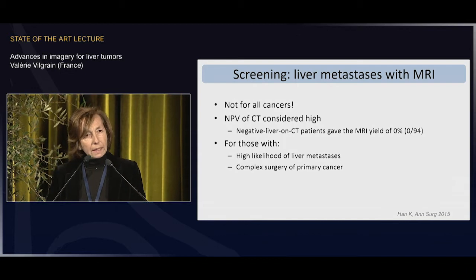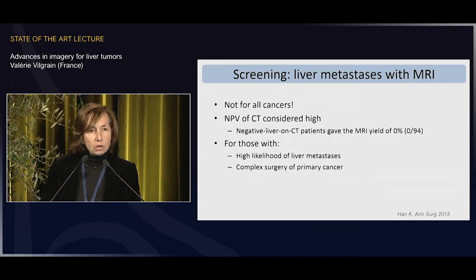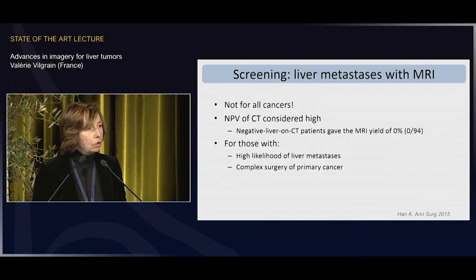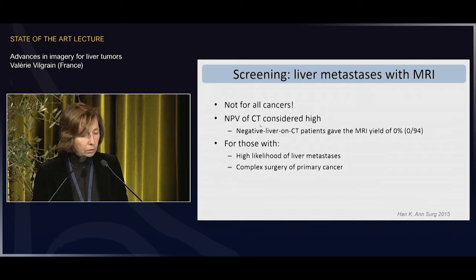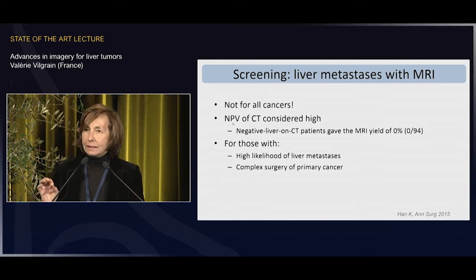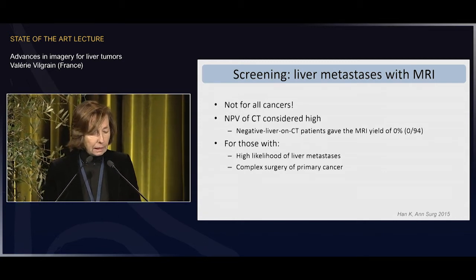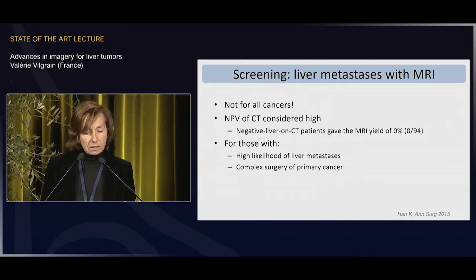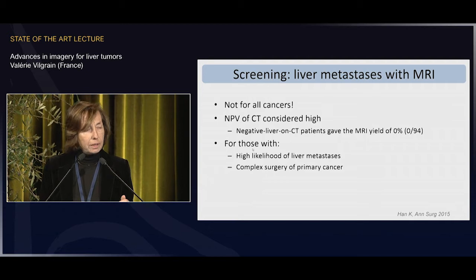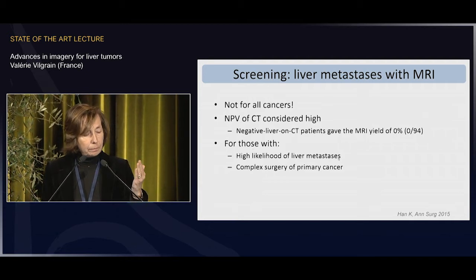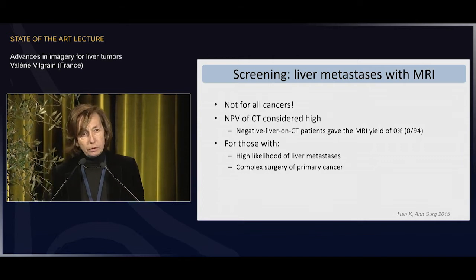Should we really extrapolate that to all patients being at risk of liver metastasis? Certainly not, because we know that CT and contrast-enhanced CT has a high negative predictive value, but probably it will be interesting to perform this abbreviated MR in patients having a high likelihood of liver metastasis and in patients requiring complex surgery of the primary cancer.